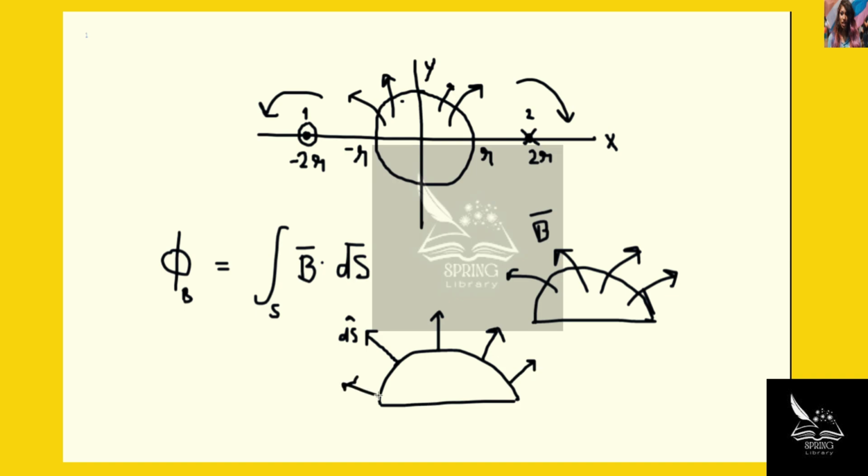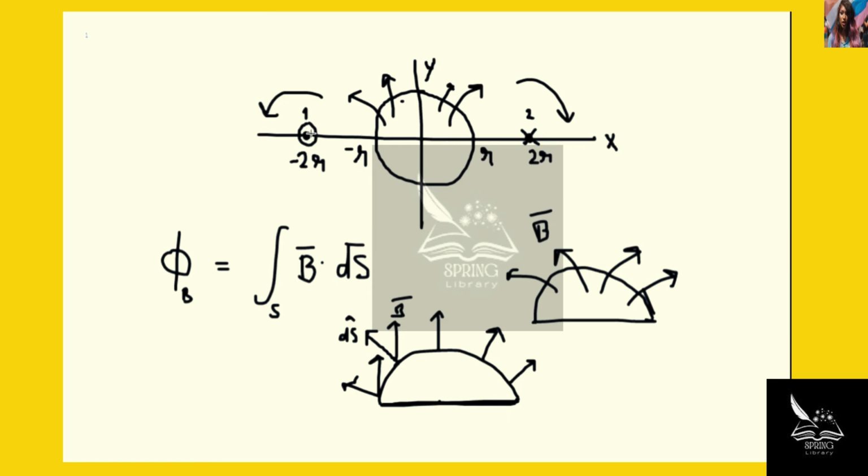However, the magnetic field in this region is going like this. So effectively, the dot product of the magnetic field with the dS vector is just equal to the area along this line multiplied by the magnetic field. The hint says that we need to find the flux through the portion of the xy plane that lies within the cylinder.